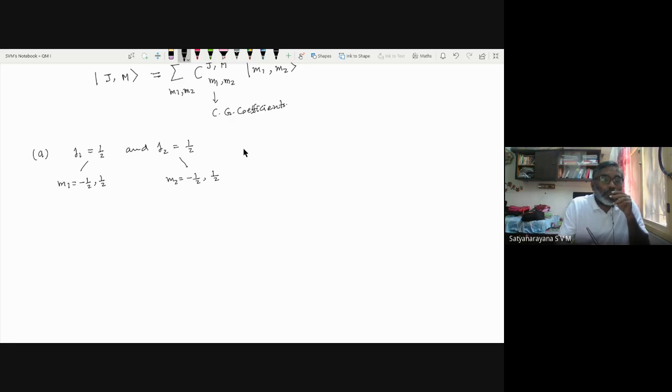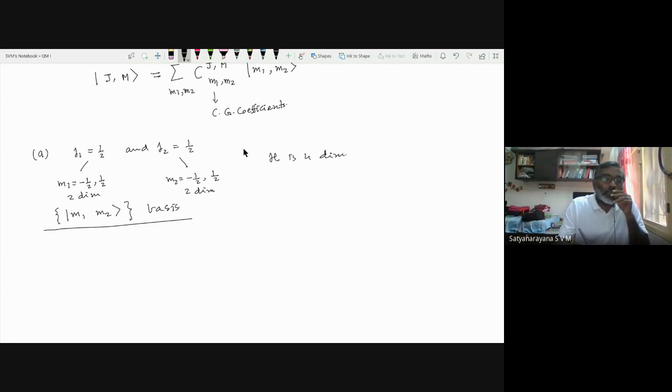So now you can write down this M1, M2 basis. Remember, this is two-dimensional, and this is also two-dimensional. So the Hilbert space is four-dimensional, because 2j plus 1 is 2 here, 2 into half plus 1.